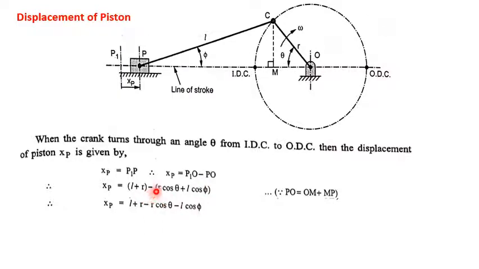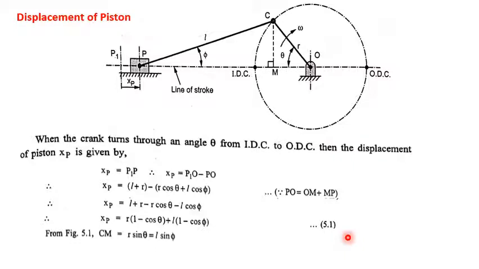After taking the negative sign outside the bracket, it becomes L plus R, minus R cos theta, minus L cos phi. Now I am going to take R and L as common. If I take R as common, I get 1 minus cos theta, and if I take L as common, I get 1 minus cos phi. Let us call this equation number 5.1.